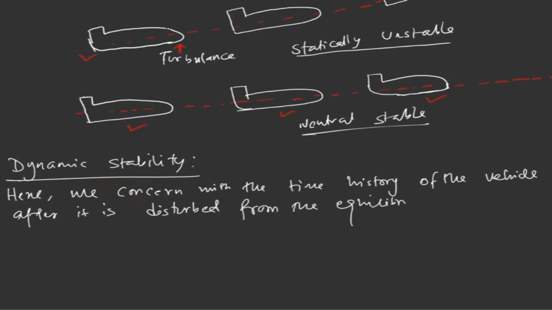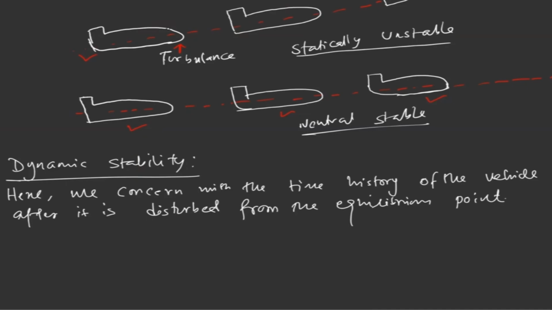This is a very important property for designing a control system, because for designing a control system we'll be looking at how the system is going to behave over time.